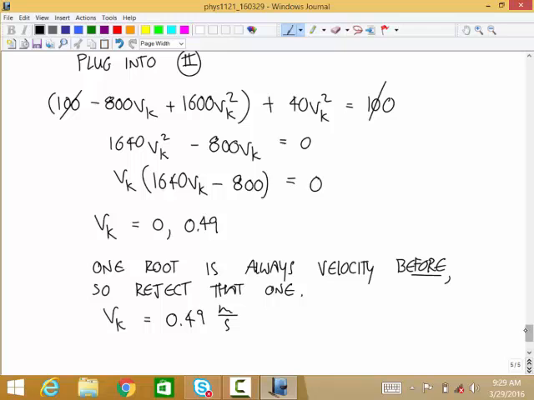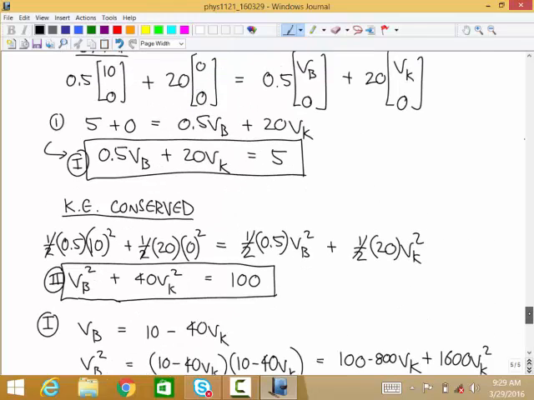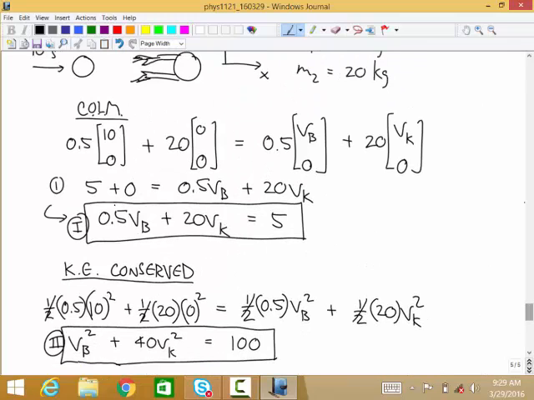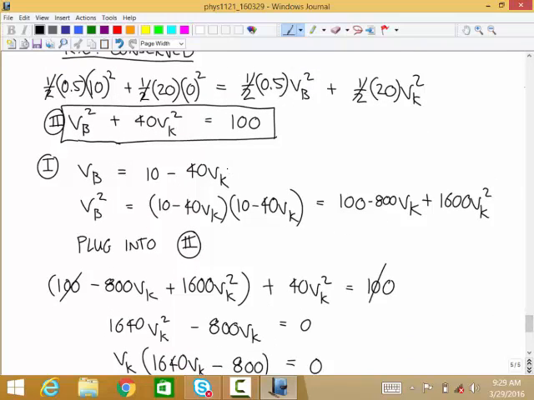All right, and now we want to figure out VB. To get VB, plug in VK back into the conservation of linear momentum. We can do it from any one of these. Actually, the easiest one would be, let's use this one here.